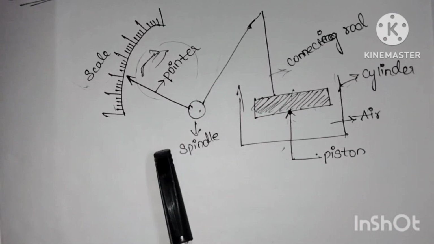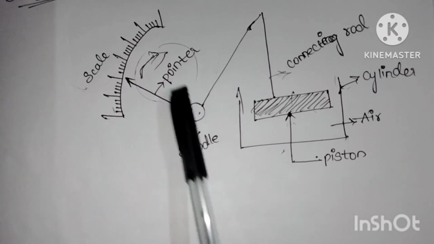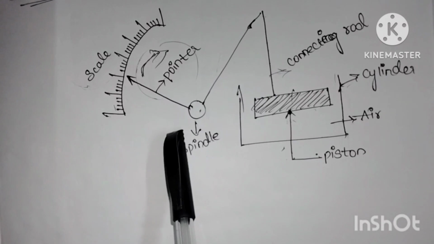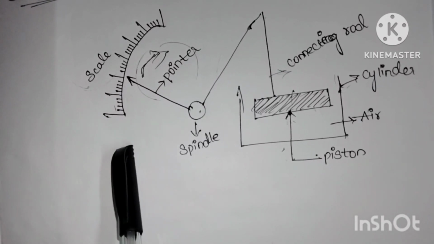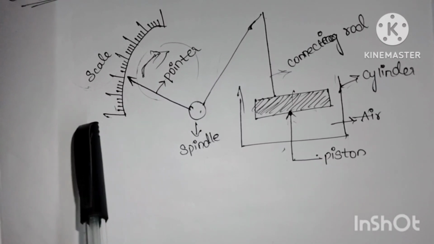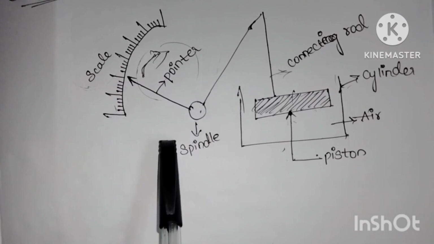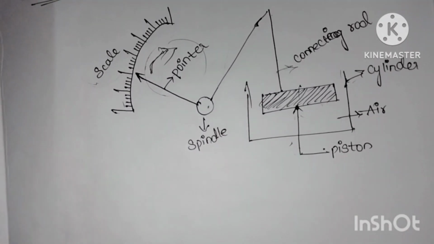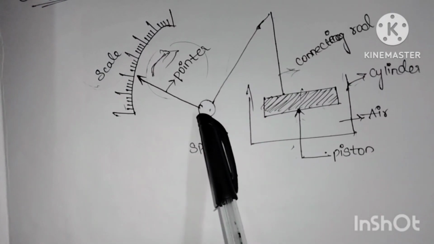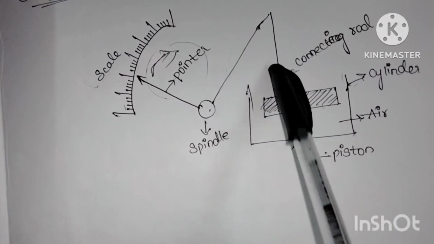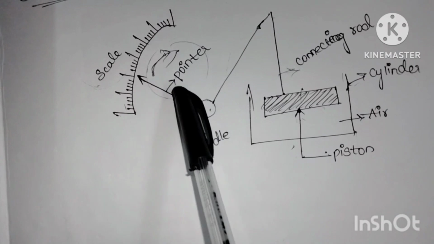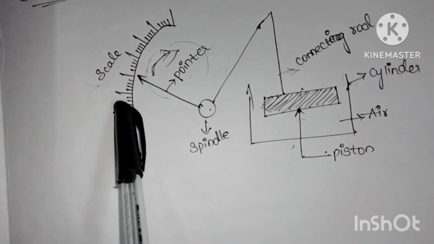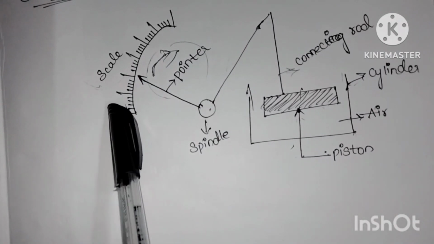Depending upon the pointer direction, air friction damping is explained in two cases: the pointer moves anti-clockwise and the pointer moves clockwise. The piston is connected to a spindle through a connecting rod. This is the connecting rod, and the pointer is fixed to the spindle and moves over a calibrated scale.